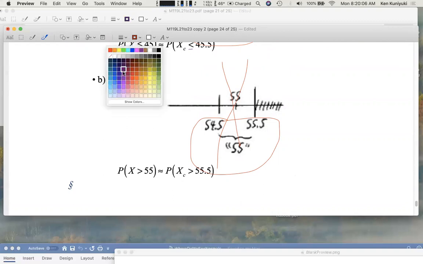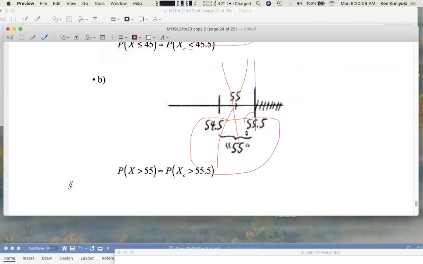In purple, I want this guy, 55.5. The probability that x is greater than 55 heads, or more than 55 heads, is about the probability that corrected x is greater than 55.5 heads. Because this here is a true goalpost, 55.5, not 54.5. Again, there's only one boundary value. You only have to find one z-score, and you want a right tail probability.